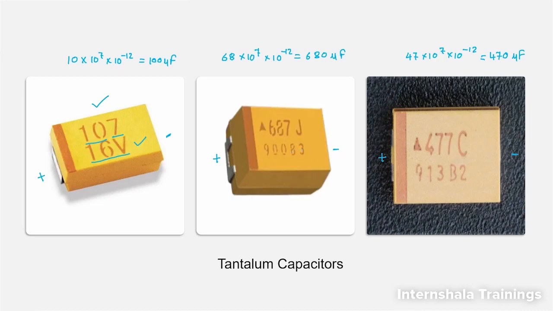It's very important to follow the voltage rating in the case of a tantalum capacitor, otherwise they blast very violently, and you may also damage your eyes. So you have to be very careful when you use a tantalum capacitor. If the voltage rating is 16 volt, then you have to operate below this voltage rating only, otherwise this capacitor will get blasted.